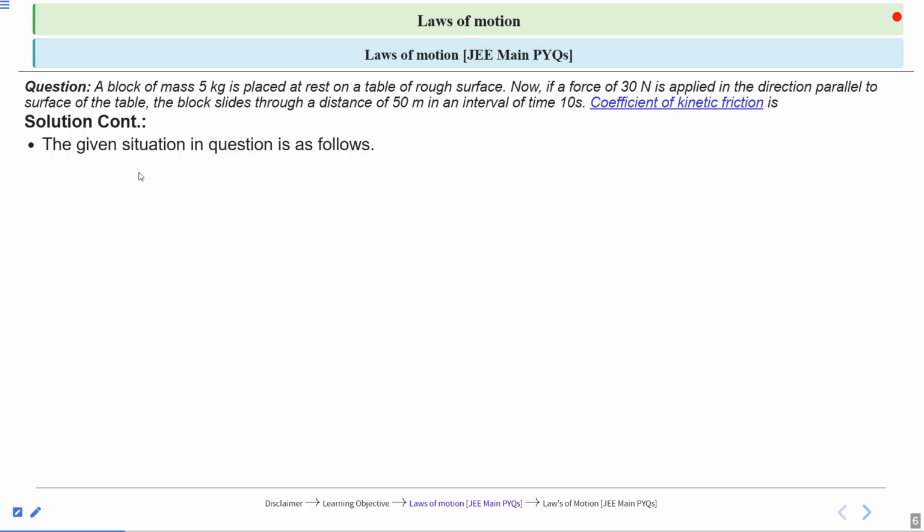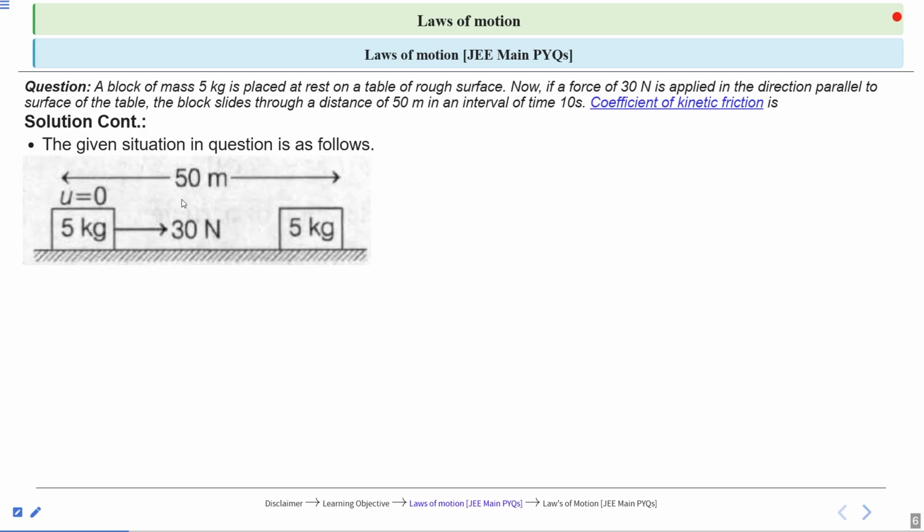So the given situation in the question is as follows. Suppose we have a table at rest and a block having mass 5 kg is placed on it, and the block is at rest.